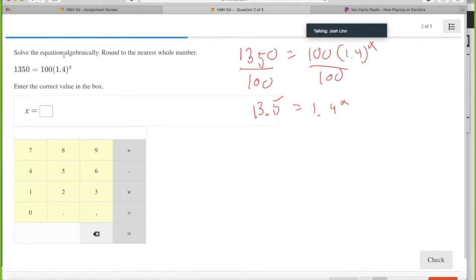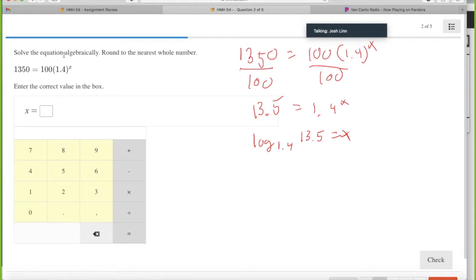So since we're already in decimals, I'm not really going to try to do the whole matching bases thing. So we're going to use the definition of log to finish this up. So remember, that's going to be log base 1.4 of 13.5 equals x.